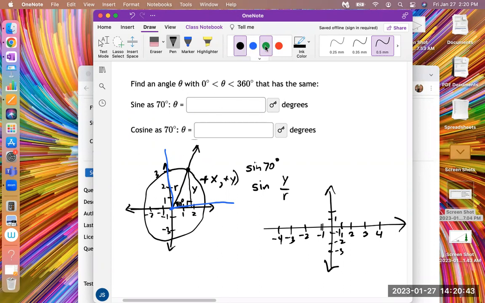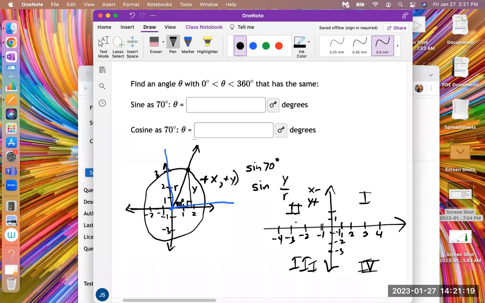This is quadrant 1, this is quadrant 2, this is quadrant 3, and this is quadrant 4. The second quadrant is going to have positive y values, so positive sine here, and negative x values.